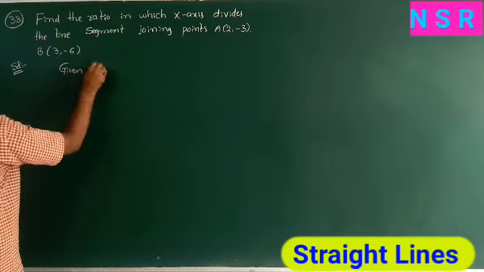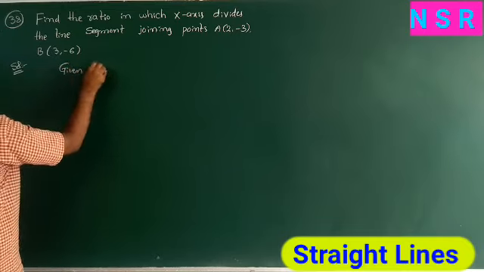Again we have another question, that is question number 39. Find the ratio in which the y-axis divides the line segment joining the points A 2 comma minus 3 and B 3 comma minus 6. So same points.